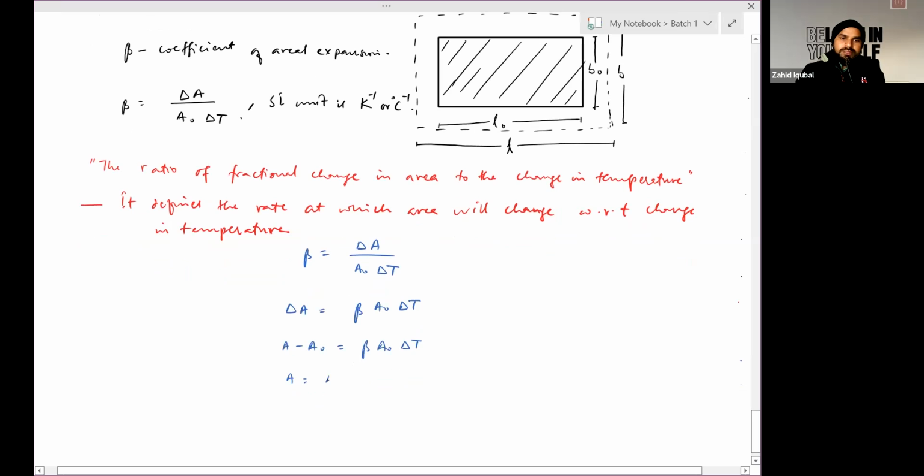So A will be equal to A naught plus beta times A naught delta T. Take out A naught as common. So you're left with 1 plus beta delta T as your final expression for A, which is similar to what we have obtained for length in the above part.